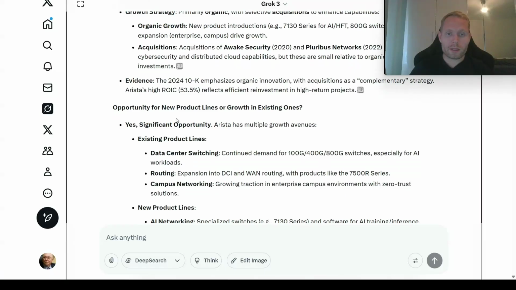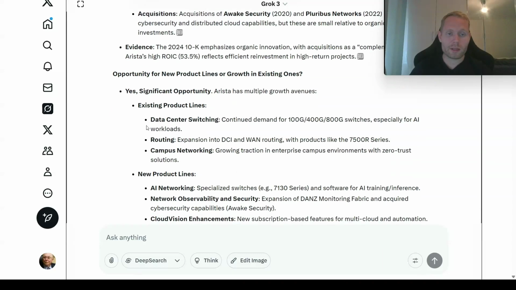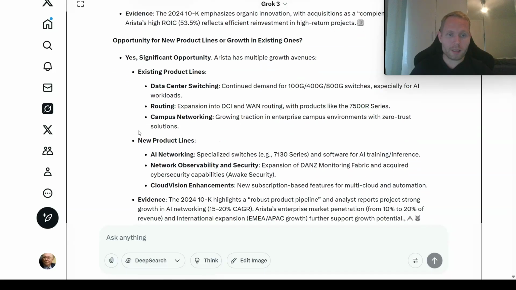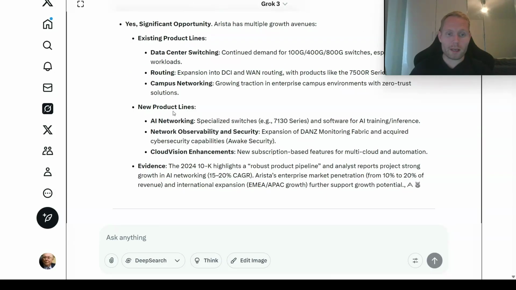Opportunity for new product lines or growth in existing ones? Yes, significant opportunity in the existing product lines, data center switching, routing and campus networking, and some new product lines as well. So we could see Part 2 very detailed from Grok and looking very good. Of course, we have to double-check some numbers before we make a decision, but so far so good.